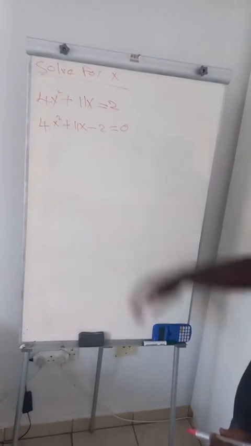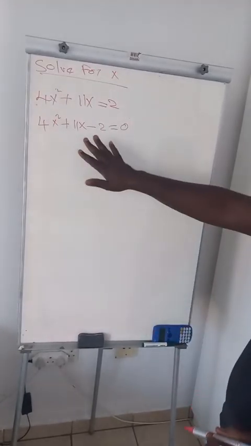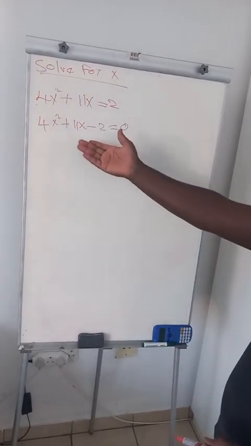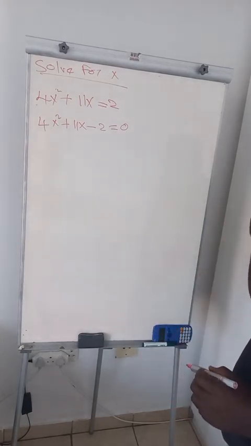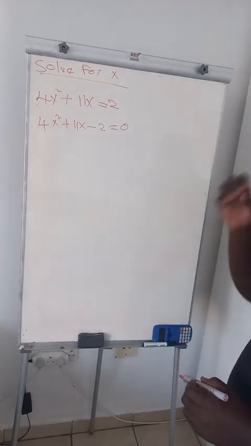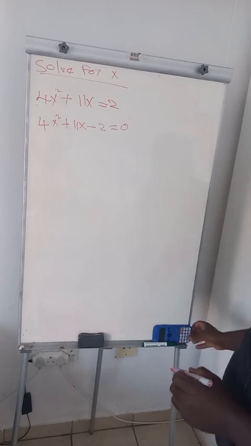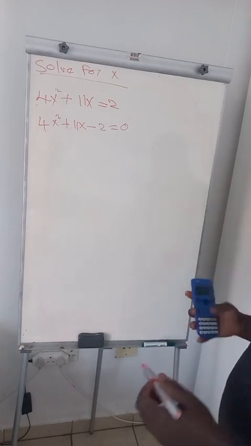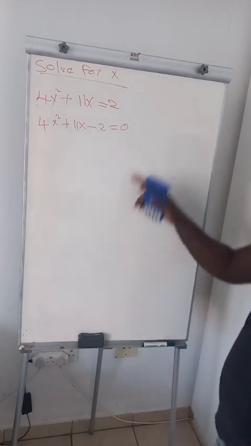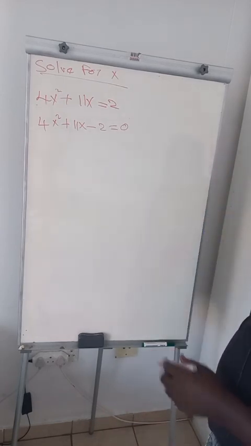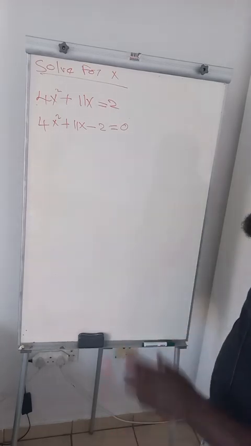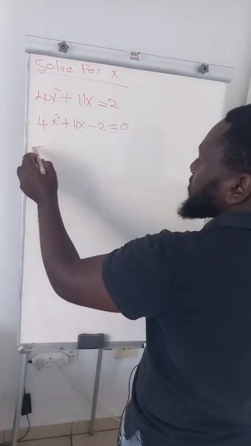Once this is like this, you need to first inspect it. Can you factorize this? If you can't, it means that you need to use the quadratic formula. In a question, they will normally say to leave the answer in 2 decimal places or 3 decimal places. If they say that, it means that you need to use this formula.